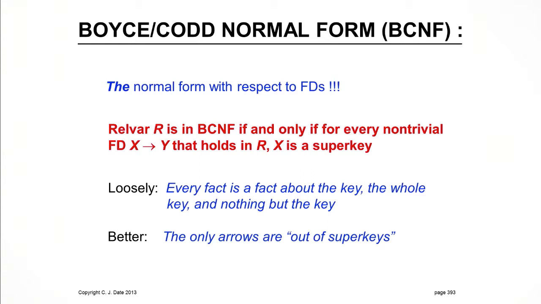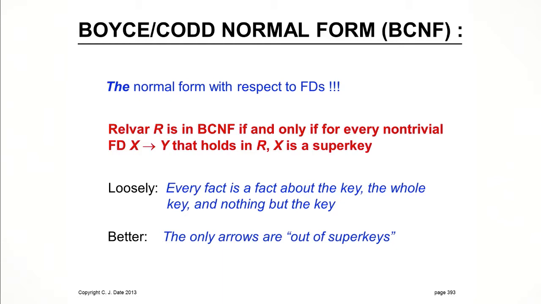Here's the definition. R is in Boyce-Codd normal form if and only if, for every non-trivial functional dependency X arrow Y that holds in R, X is a superkey. So the only FDs that hold within BCNF are either trivial, you can never get rid of those, or they're out of a key.